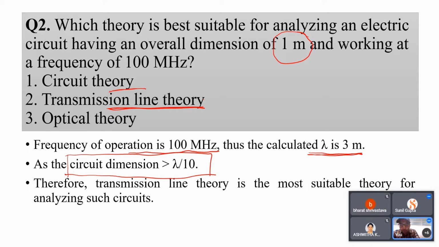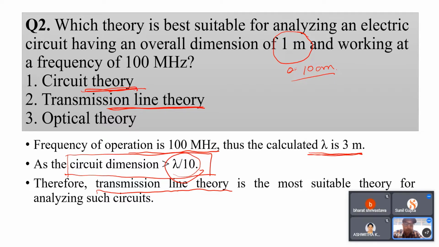Here you can see that the circuit dimension is greater than lambda by 10. For that reason we can say that transmission line theory is the most suitable theory for analyzing such circuits. If suppose the circuit dimension is like 10 centimeter, then it will be very small compared to lambda by 10, and in that case circuit theory is the most suitable theory.